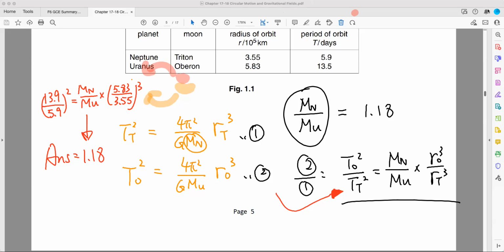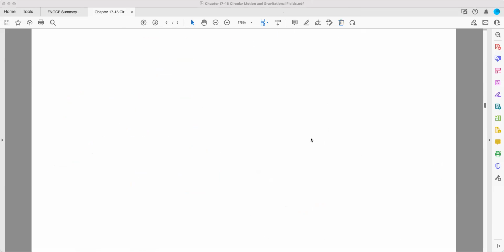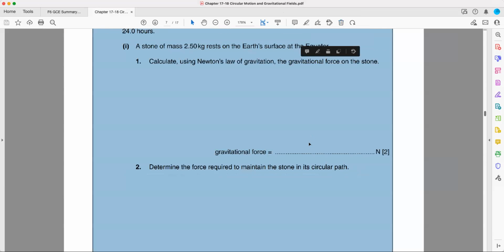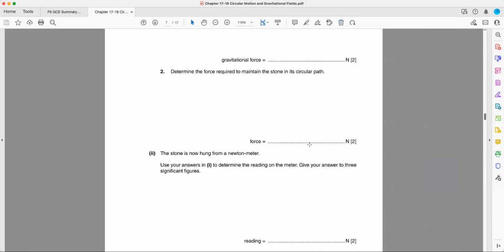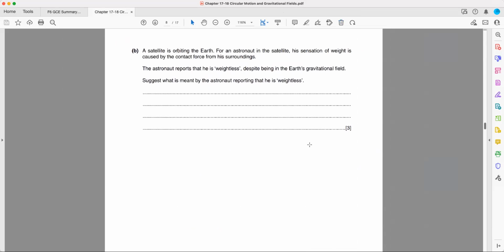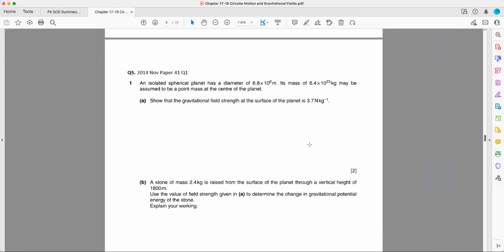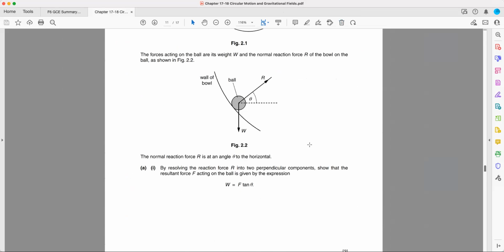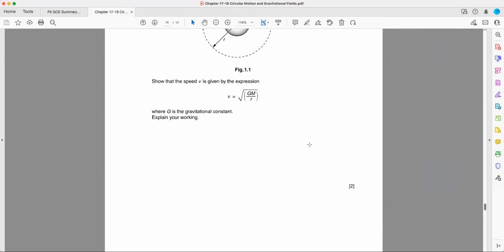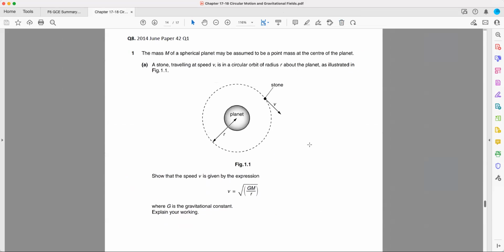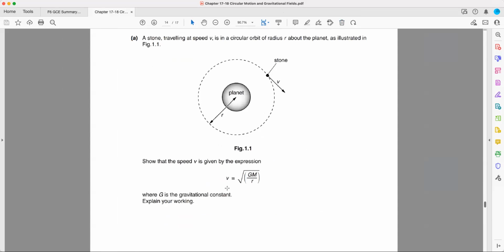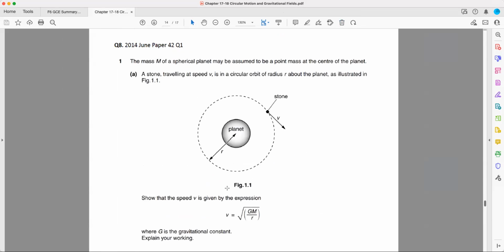Okay, let's move on now. Let's look at another question, this one. In question 8, it asks you to divide this one. Are you able to divide it by yourself now?